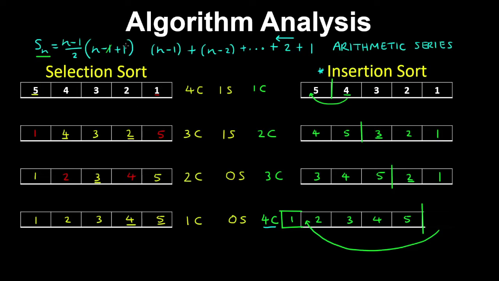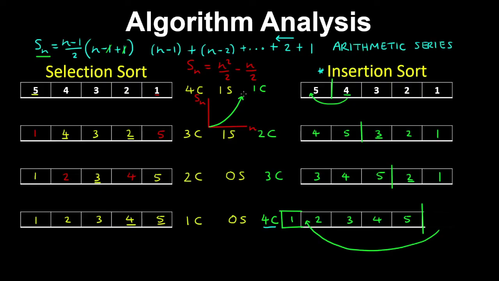So if we cancel out the 1, we can write this sum as (n-1)/2 times n, so that will be n squared on 2 minus n on 2. So as you can imagine, if we have an array list of n elements, and then we have the number of comparisons on the y-axis, well, the number of comparisons grows parabolically with the number of elements in the array list.